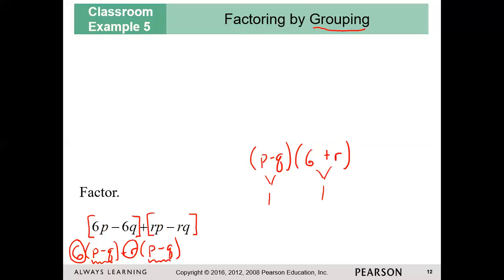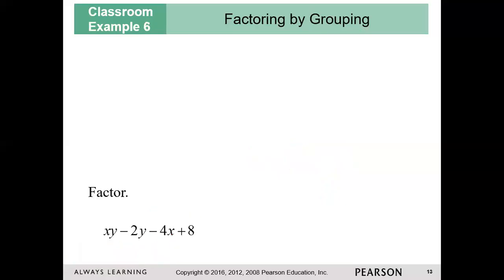If that happens, then you can factor by grouping. It doesn't happen all the time. Just because you have a 4-term polynomial does not mean that you're going to be able to factor by grouping. But if it works, great, you've got to do it. If it doesn't work, then sometimes it's just prime and you just have to move on.